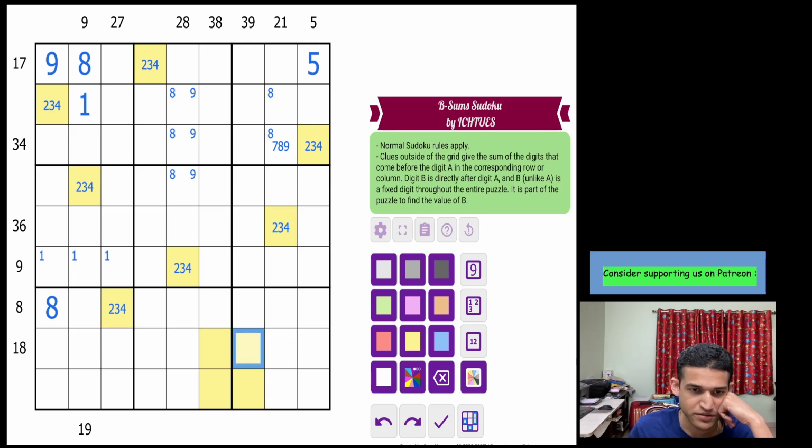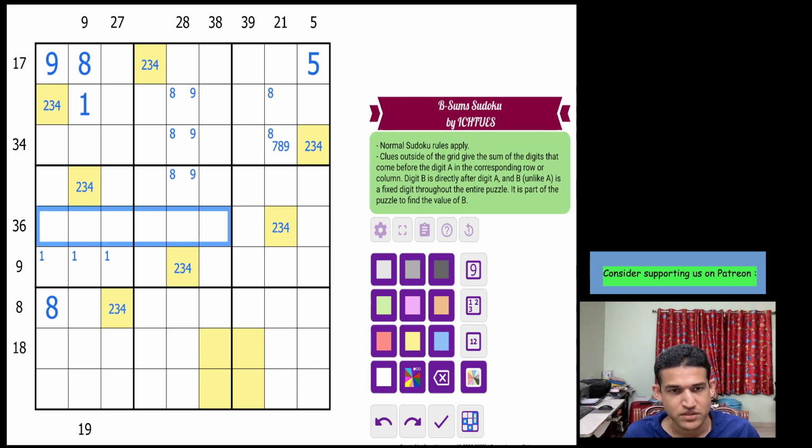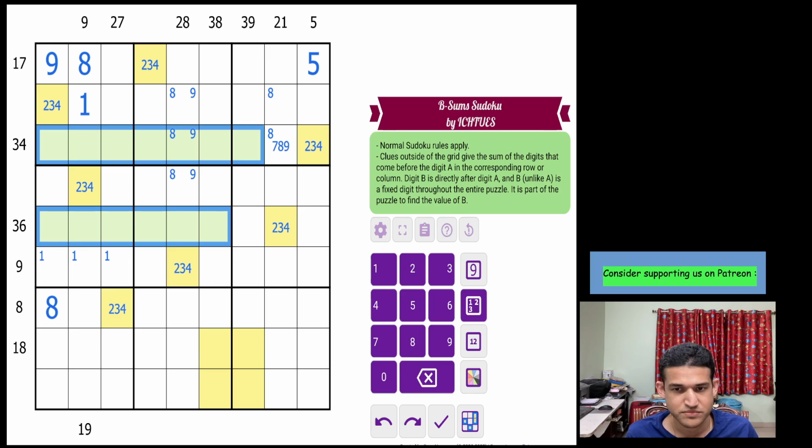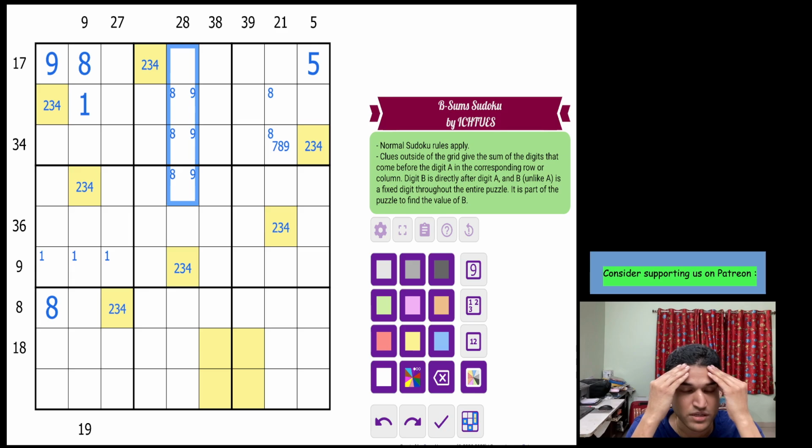If this is B, this is A, and these 5 cells will add up to 18, which I think is possible. So I'm trying to cover the sum with greens, where I have identified B's. Should be able to do that. Wow, that's going to create a problem when I do with the column also. So let's just remove these. Now these 4 cells add up to 28 for the column.